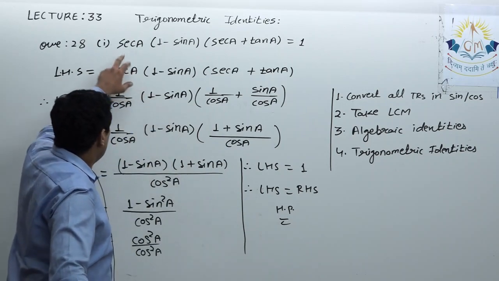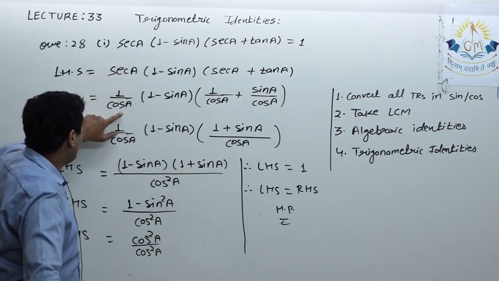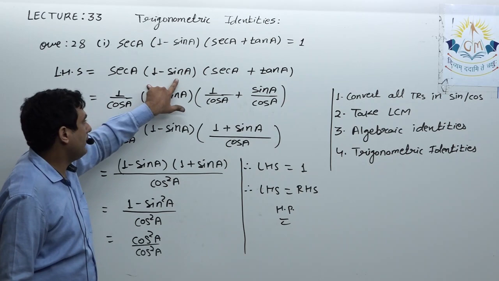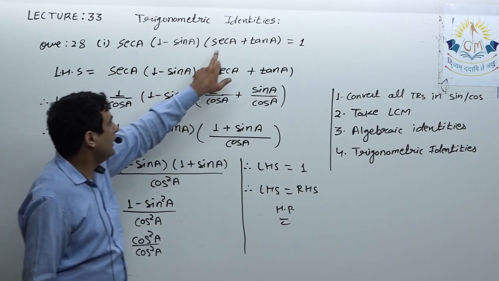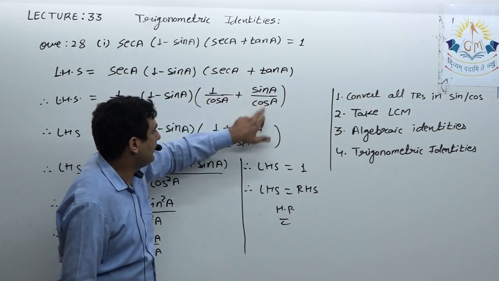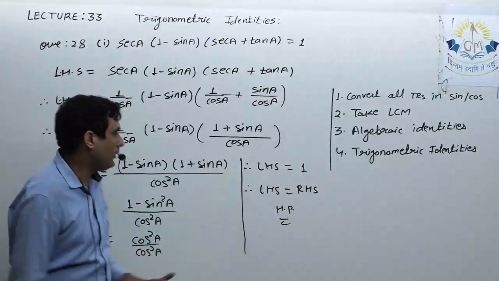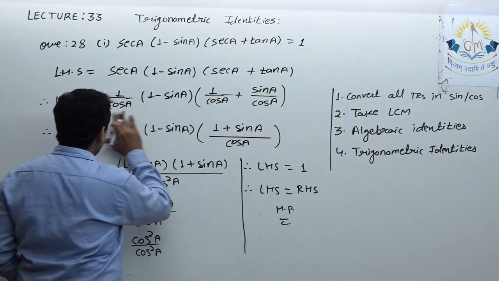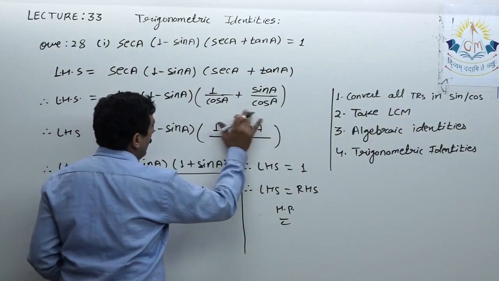Here it was sec A, so I wrote 1 upon cos A. 1 minus sine A I wrote as it is. Then I wrote sec as 1 upon cos A and tan as sine A upon cos A. Then here I took the LCM.